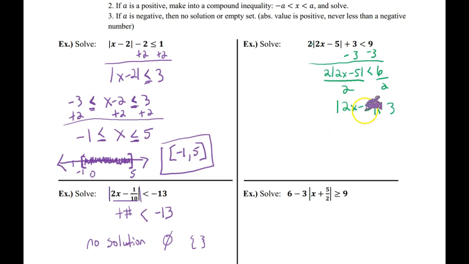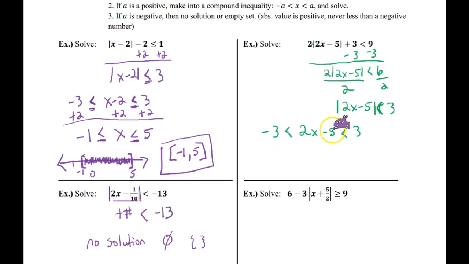So, I have an absolute value that's isolated. It's a less than form, in this case less than 3. So I'm going to consider the positive and negative distances that it could be. So I'll say negative 3 is less than 2x minus 5 less than 3. Right?